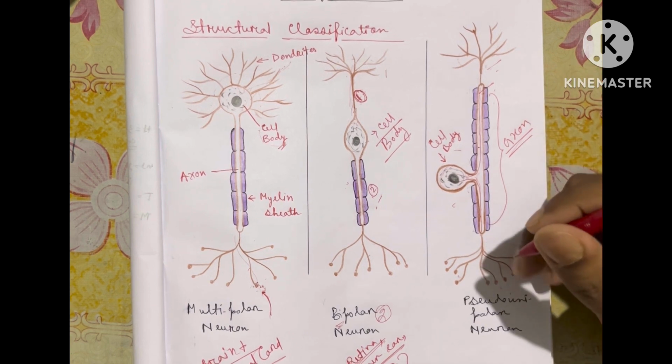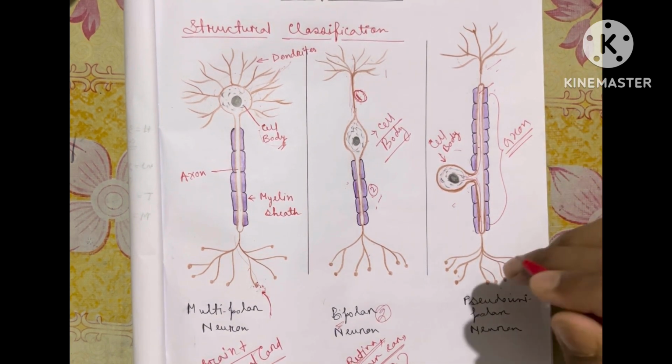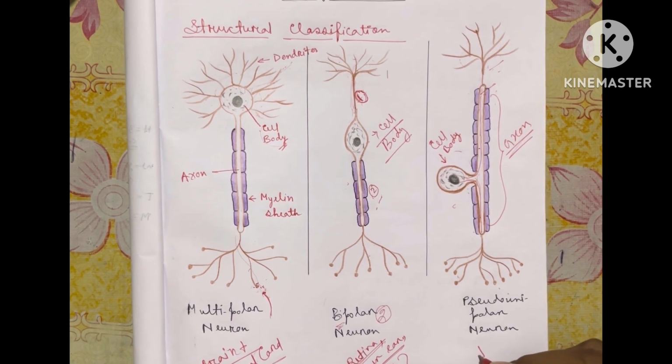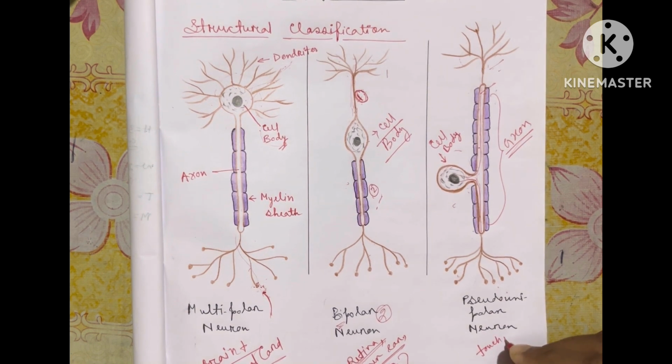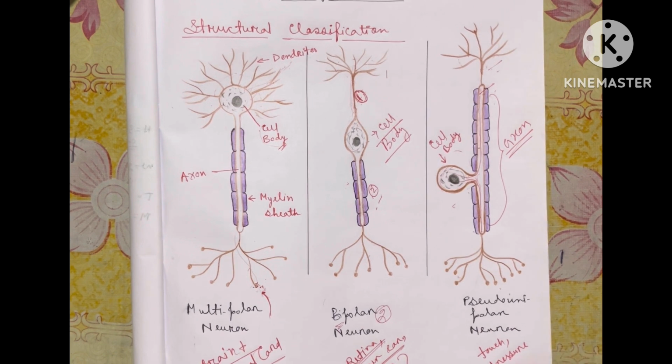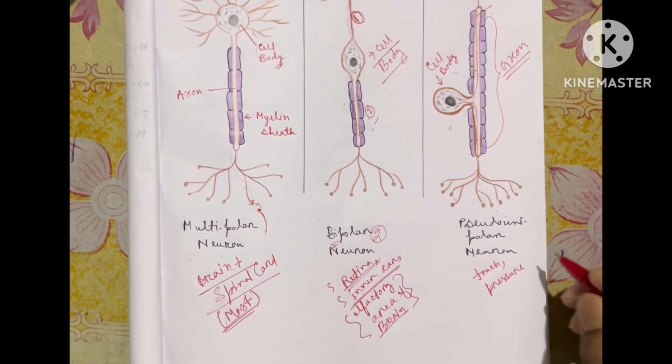So what is their main function? The pseudounipolar neuron acts as a sensory receptor that detects a sensory stimulus such as touch, or we can say pressure, or pain.